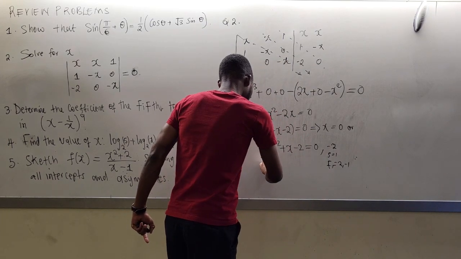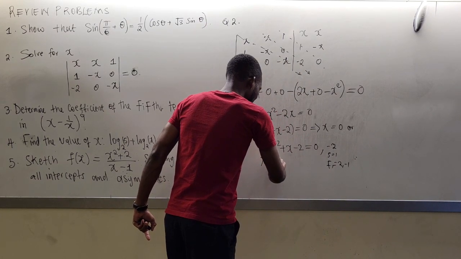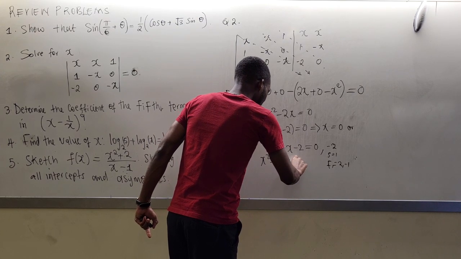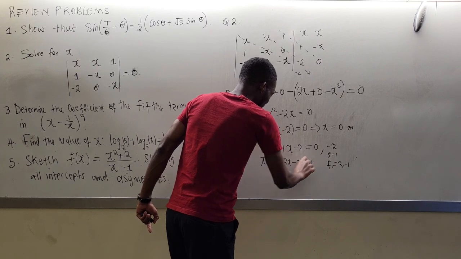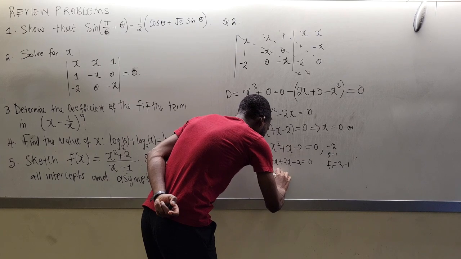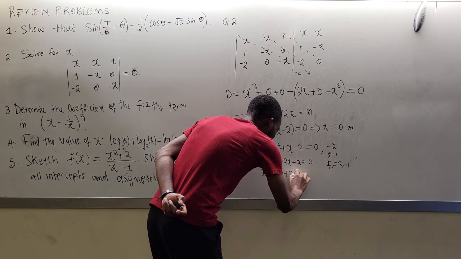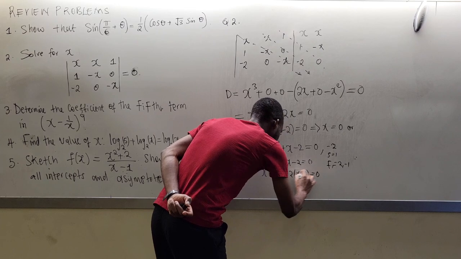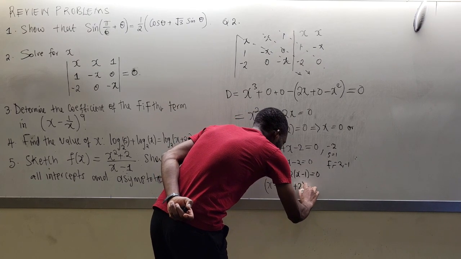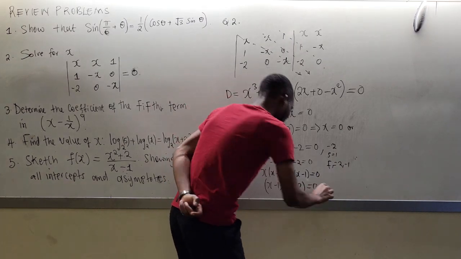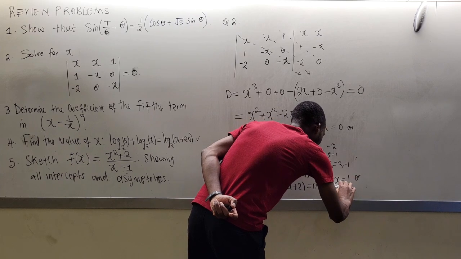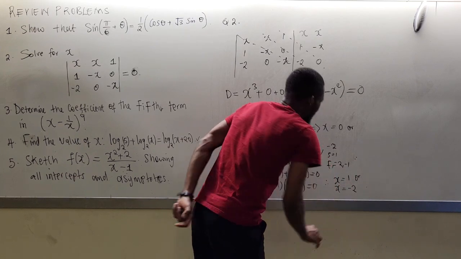So this is just x squared minus x plus 2x, and then minus 2 is equal to 0. Okay, so x is common here. x times x minus 1 plus 2 times x minus 1 is equal to 0, and x minus 1, x plus 2 is equal to 0. Okay, so therefore x is equal to 1 or x is equal to negative 2.